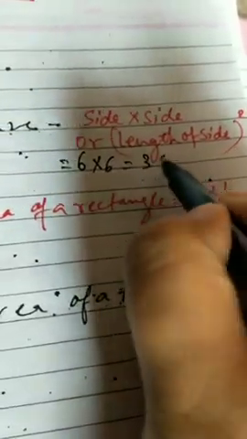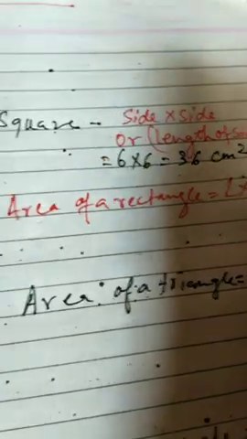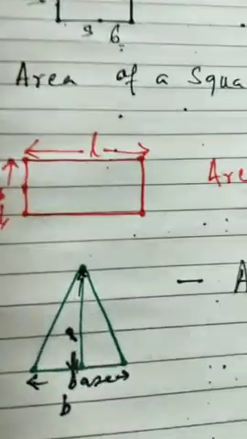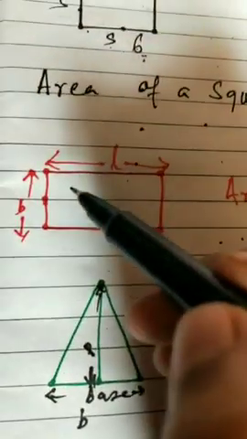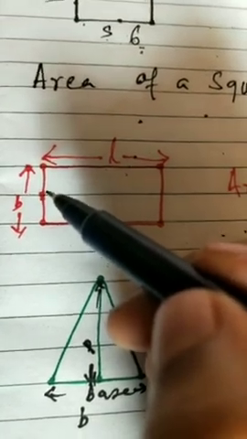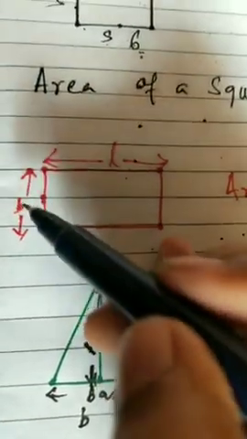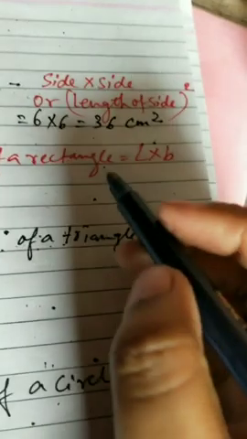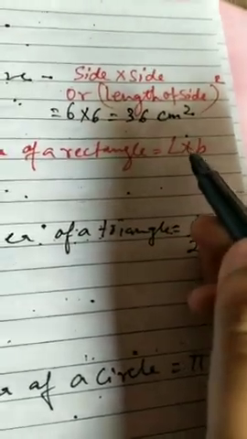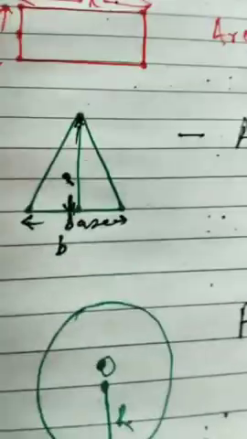Suppose here one side is equal to 6 centimeters. So area will be 6 into 6, that is 36 centimeters square. Understood? Similarly, area of a rectangle can be derived by measuring the length and breadth and multiplying. So area of the rectangle will be length into breadth.